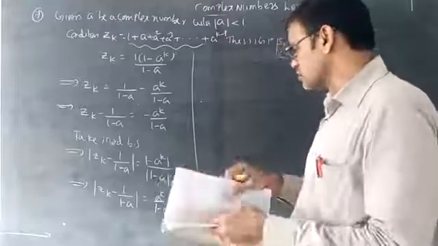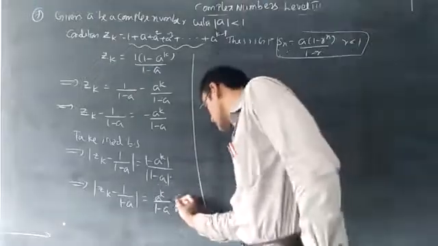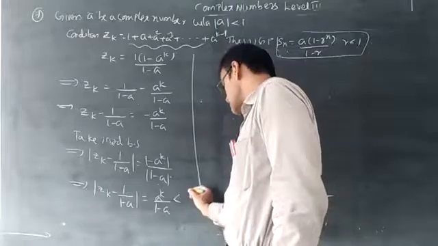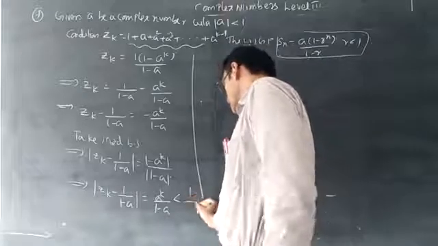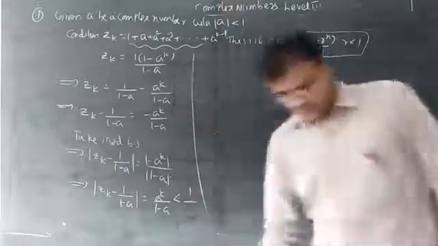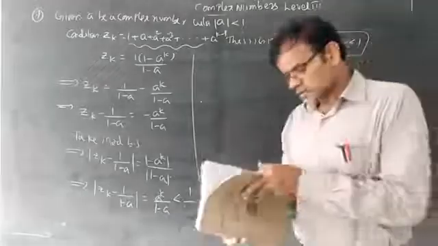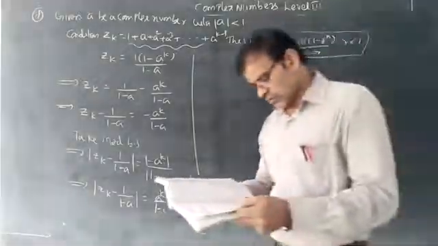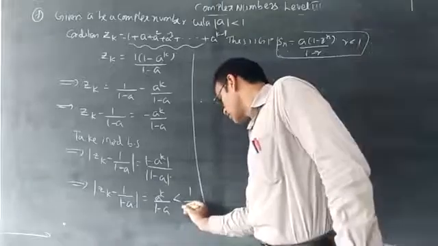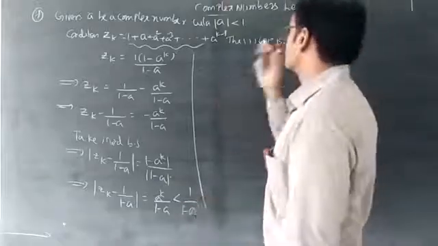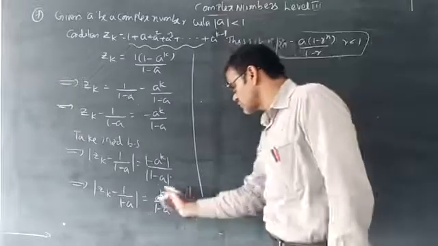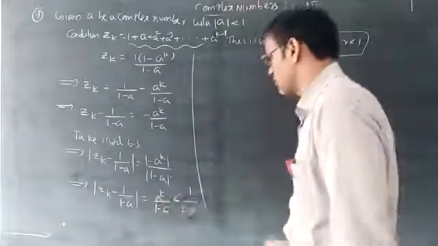According to the triangle inequality, once again you should write this one like this. This is less than or equal to 1 by 1 minus A. This is less than 1 by modulus of 1 minus A. Because mod A less than 1, whenever mod A less than 1, you can apply less than 1.